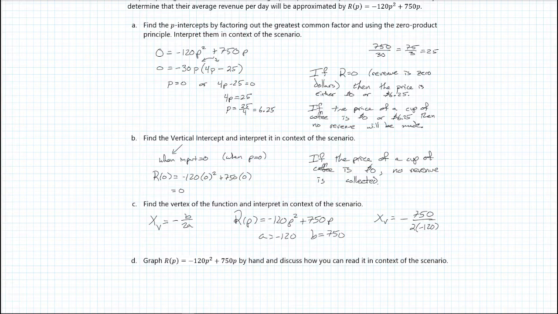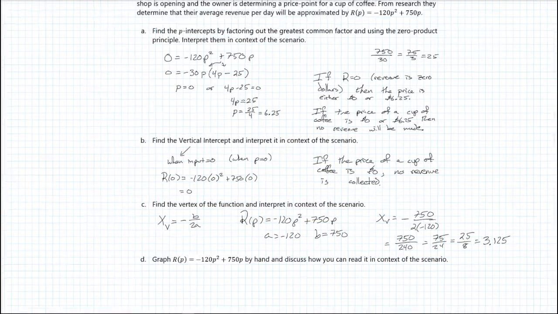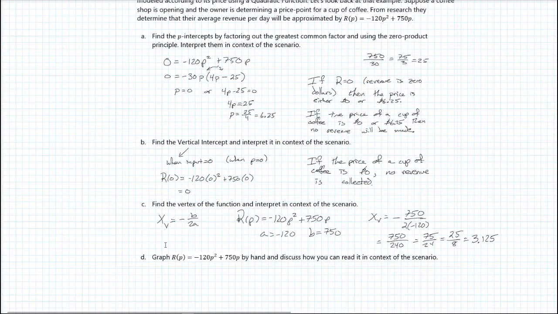We'll go ahead and simplify this down. This is going to be 750 over 240. That's 75 over 24. 3 goes into both of those. That's 25 over 8. And that will come down to $3 and 12.5 cents, or 3.125.